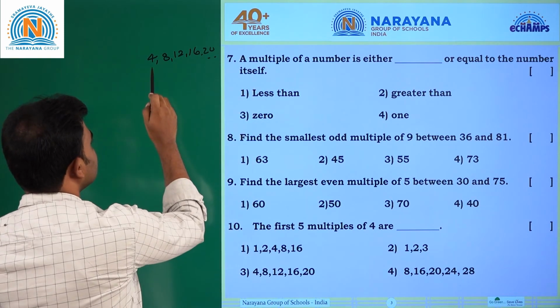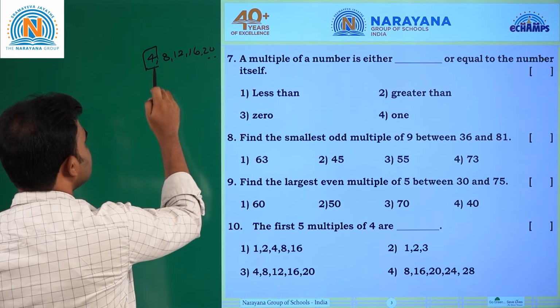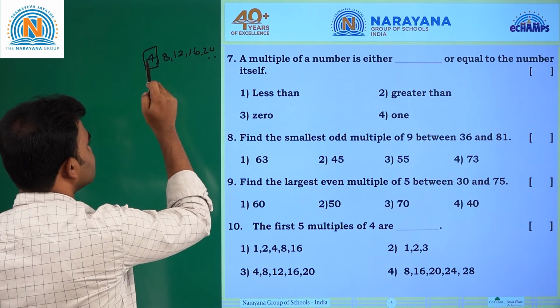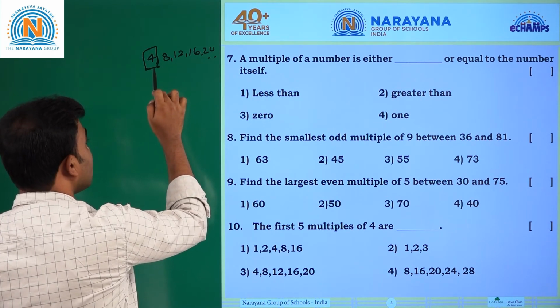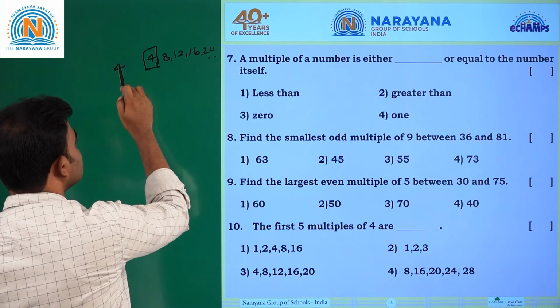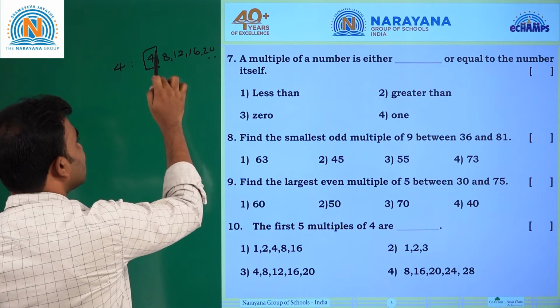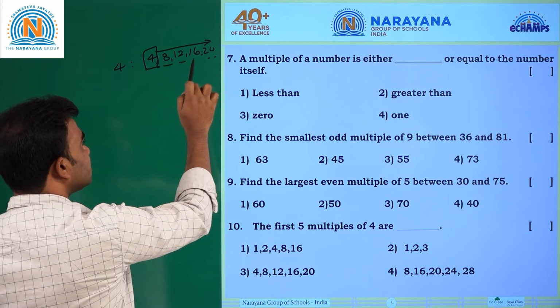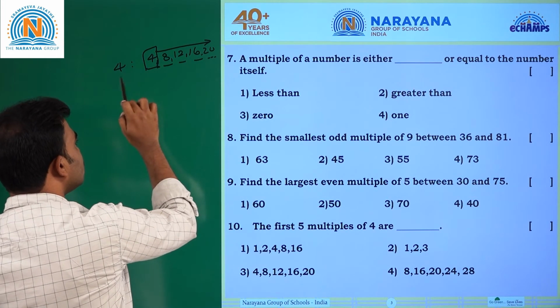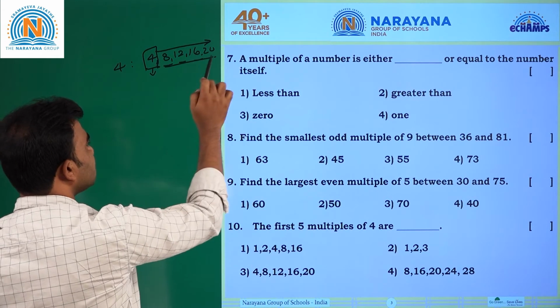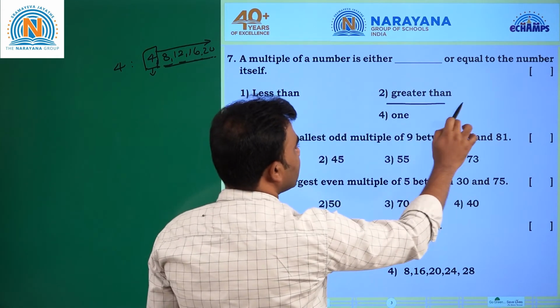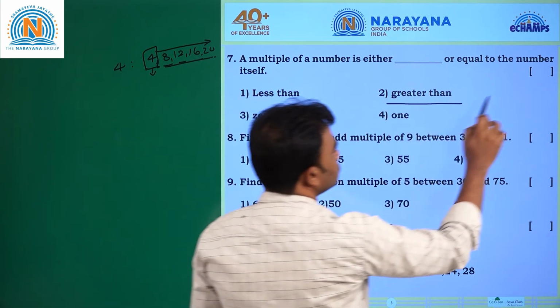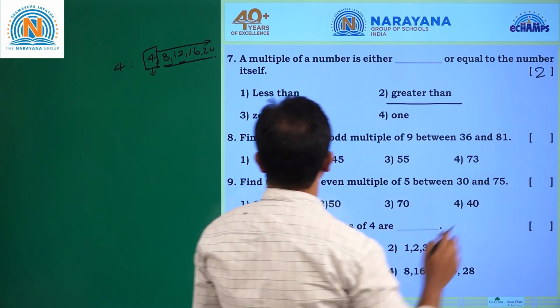In this, the first multiple of 4 is the same number, that means itself. It is also equal to 4. And the remaining multiples of 4 are greater than 4. So, the answer is greater than. Option 2 is our answer.